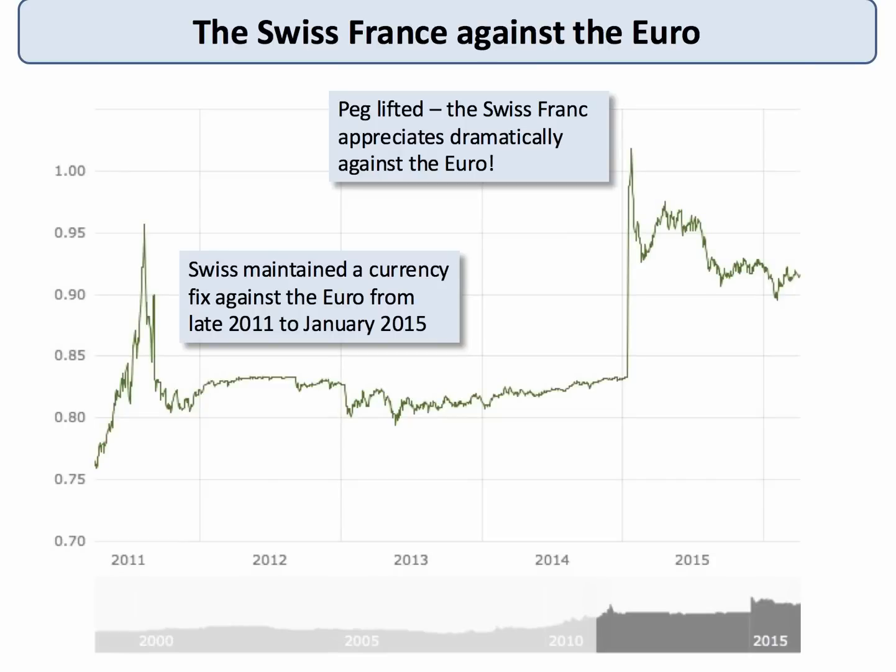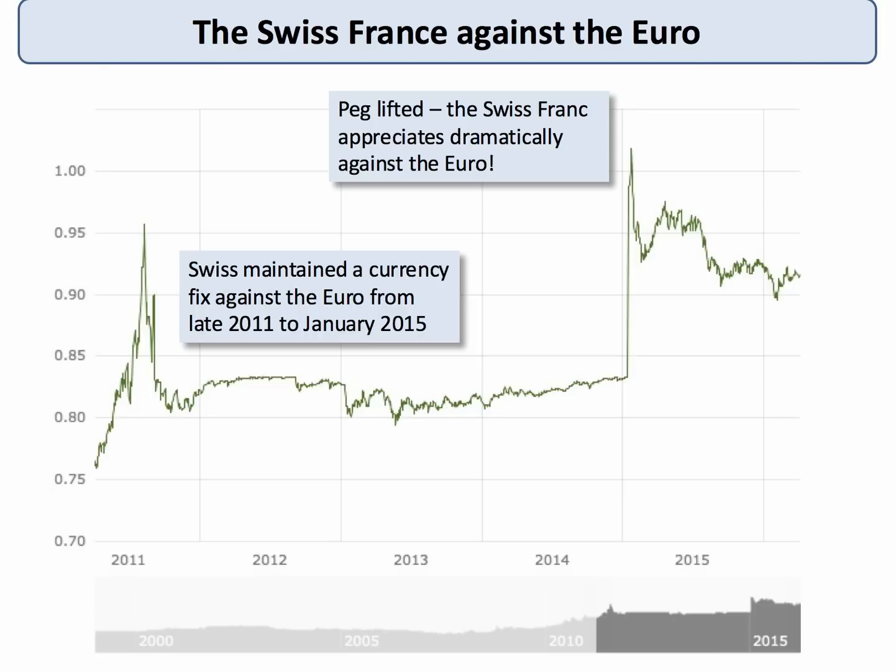Here's an example of a currency that's managed. The Swiss actually basically kept or tried to maintain more or less a fix against the euro from around 2011, the latter months of that year, through to the end of 2014. It became really difficult though to maintain that fix.